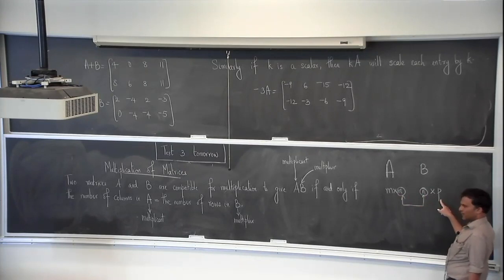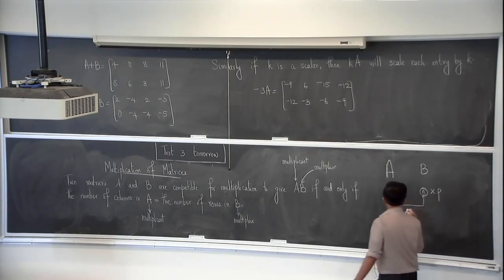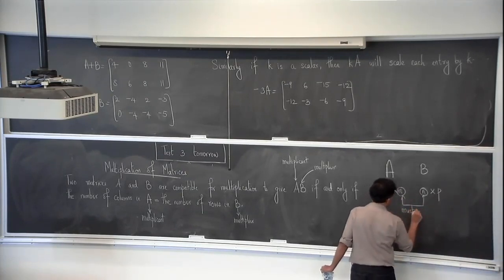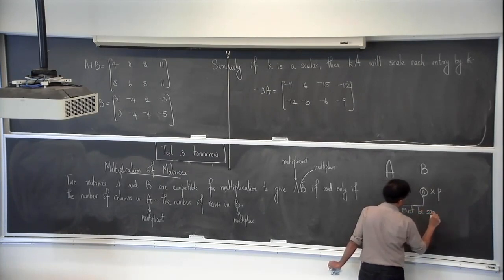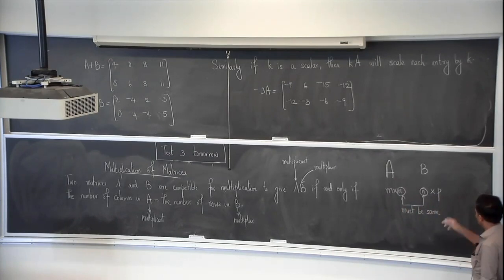This number is any arbitrary number. The number of columns in A must be equal to the number of rows in B. These must be the same. So if you take these two matrices and try to do B times A, that may not even be possible.